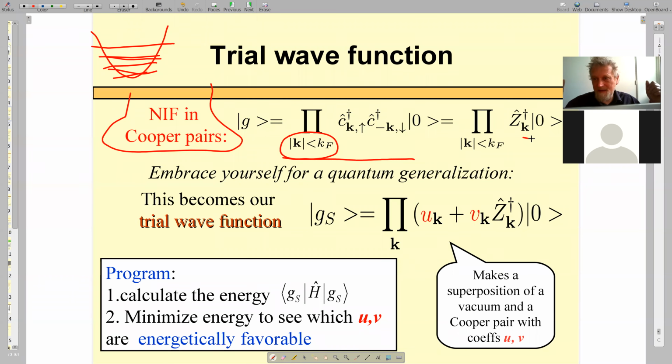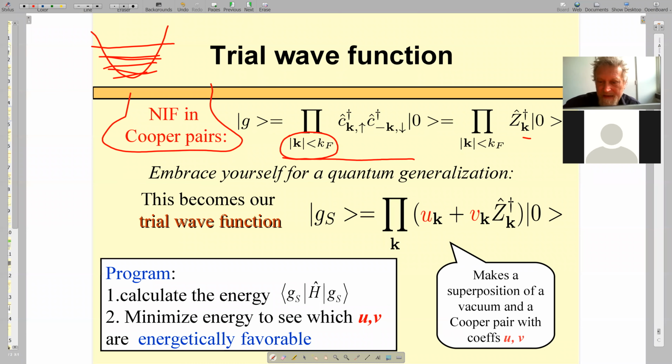And now crazy idea comes to our mind. To create or not to create is kind of binary choice. Like classical bit can only be in two states. Let's make here quantum bit. Let's put each k states, at each k, into a superposition of 0 and 1 Cooper pair.